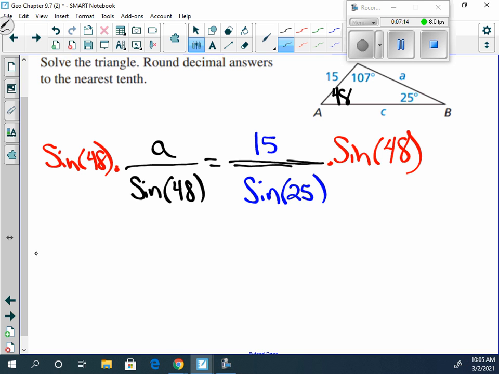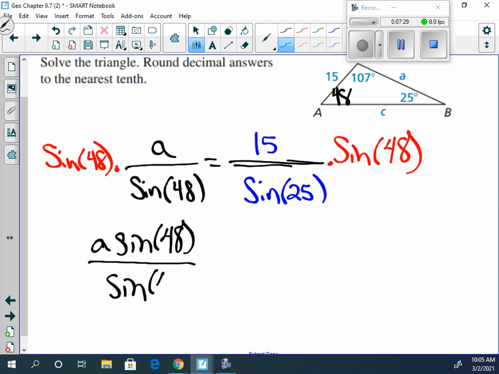Because when we do this, on the one side we'd have sine of 48 over sine of 48. Well, anything divided by itself is 1, so really that cancels out. We don't have to technically write that in, but that side would cancel out.